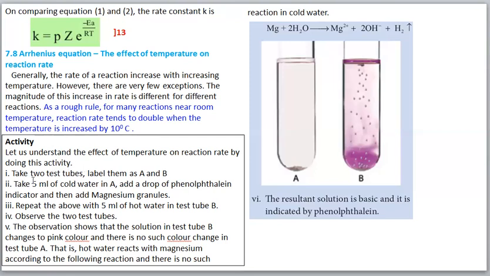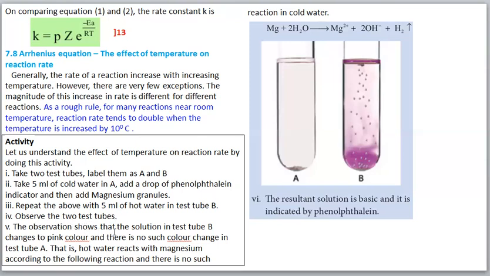One, take two test tubes, label them as A and B. Take 5 ml of cold water in A and a drop of phenolphthalein indicator, and then add magnesium granules. Repeat the same with 5 ml of hot water in test tube B. Observe the two test tubes.